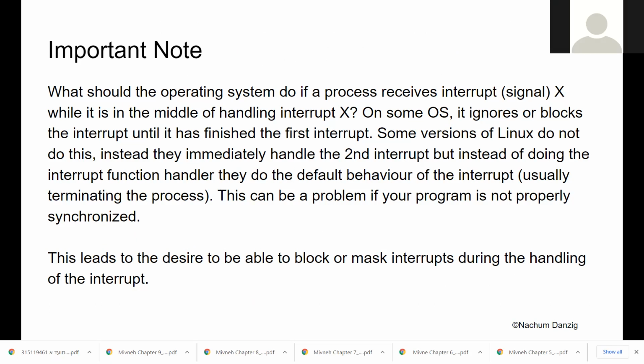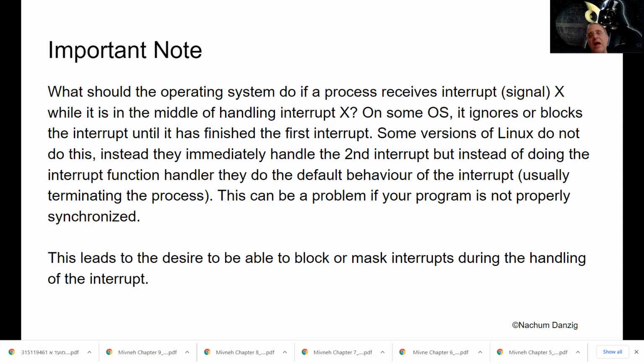What should the operating system do if a process receives interrupt or signal X when it's in the middle of handling interrupt X? In other words, the doorbell rings and then another person comes to the door, and then another person. On some operating systems, it ignores or blocks the interrupt until it has finished the first interrupt.